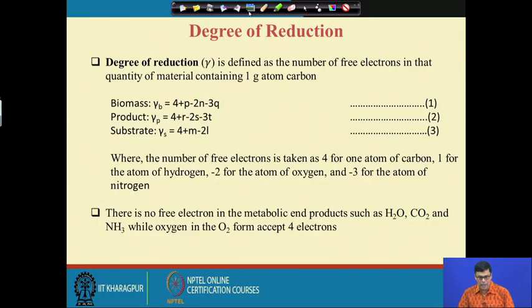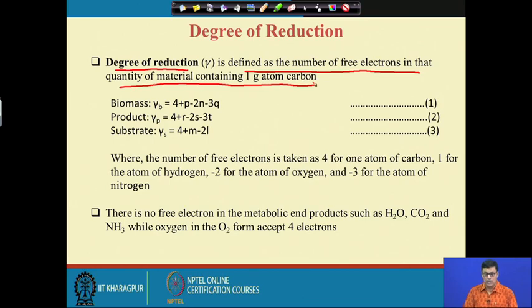Now, let us go here. You see, the degree of reduction is defined as the number of free electrons in that quantity of the material which contains 1 gram atom of carbon.